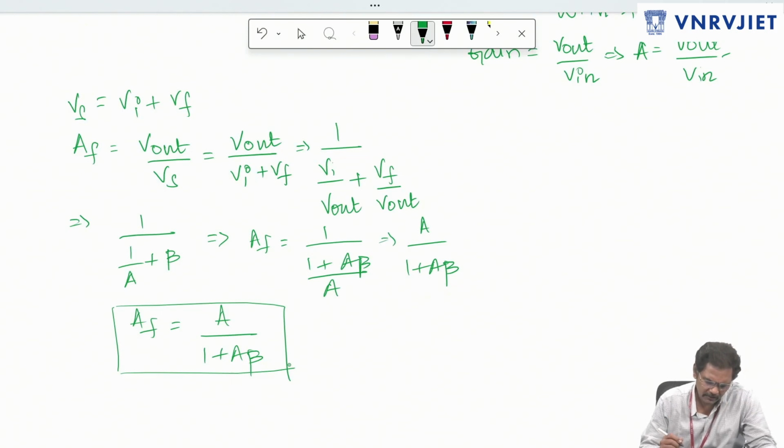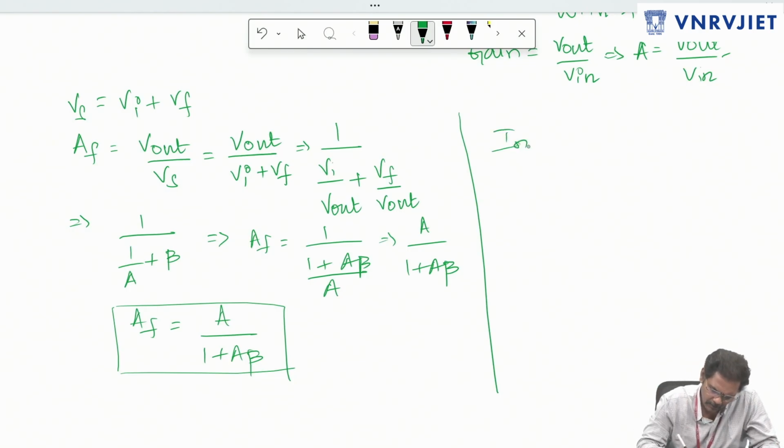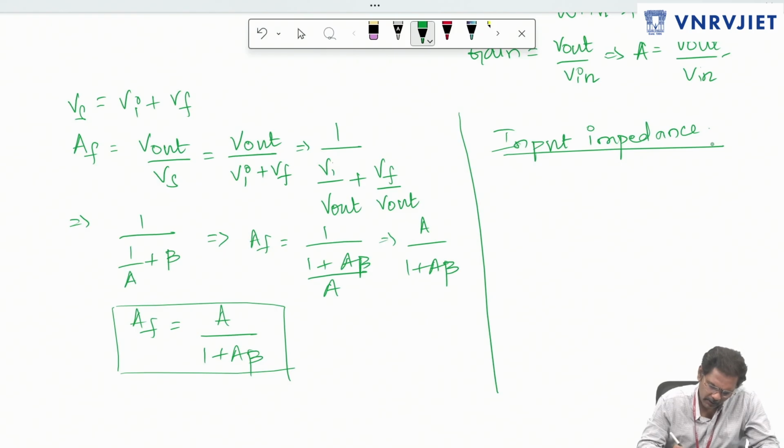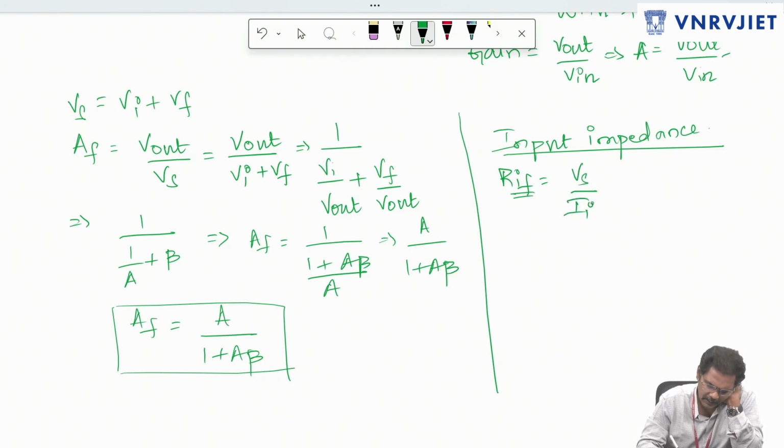So this content is available with us. Now next we are going to see the input impedance. When I talk about the input impedance, I need this RIF value. So let us see how we are going to derive the RIF value. The RIF value is Vs divided by Ii.